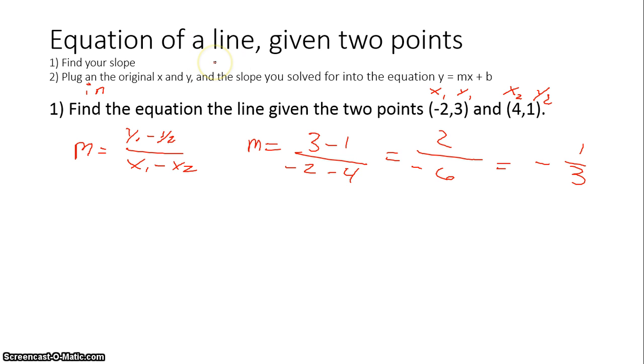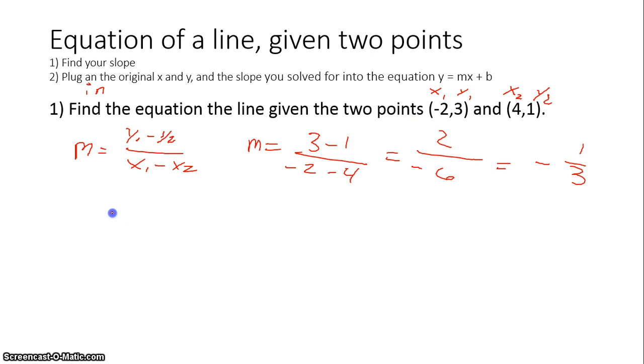And our rule number 2 states plug in the original x and y. So I could use this x and y, or I could use this x and y. Now the mistake I don't want to make is using this x and then that y. You have to use the same 2 points when solving for your b.